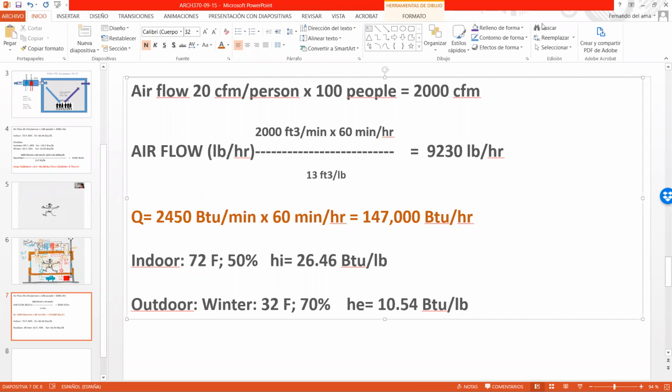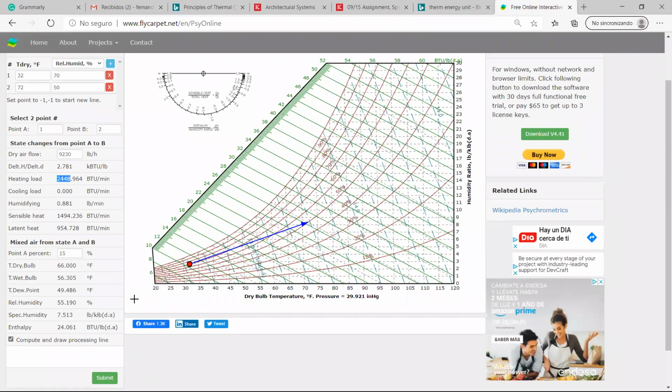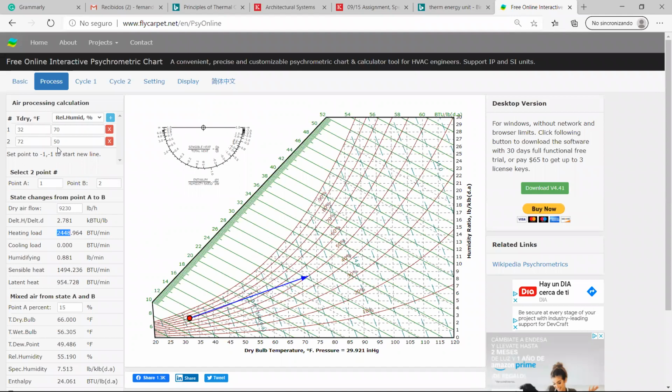Okay, what if we do this with the winter conditions? If we go to the winter conditions, then our point 1 is not this. The point 1 is the indoor. So we go from 72 and 50, and our point 2 is the outdoor conditions, the summer outdoor conditions.